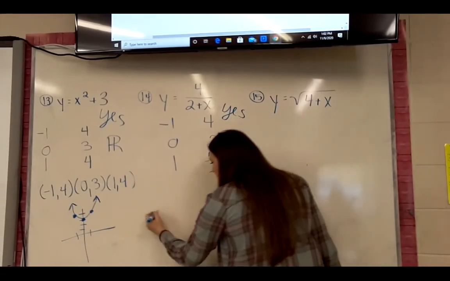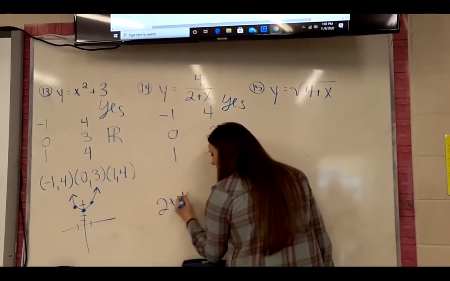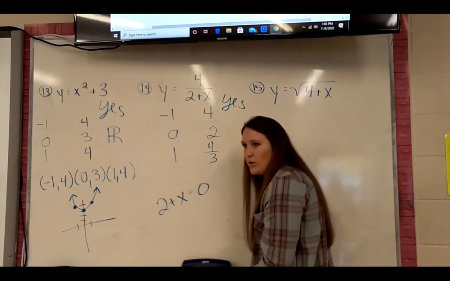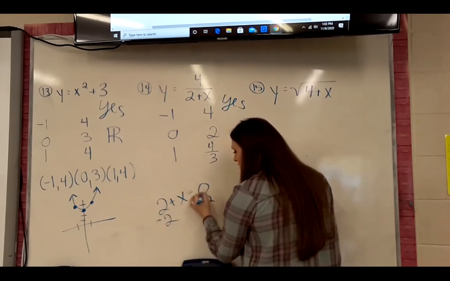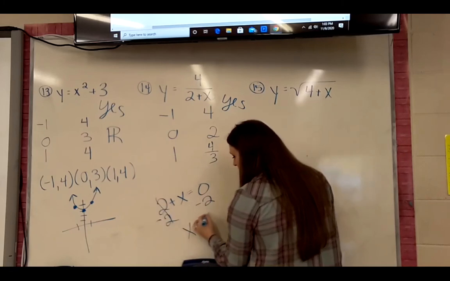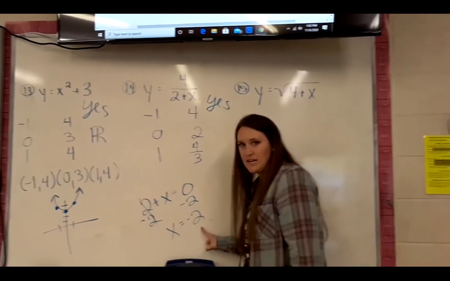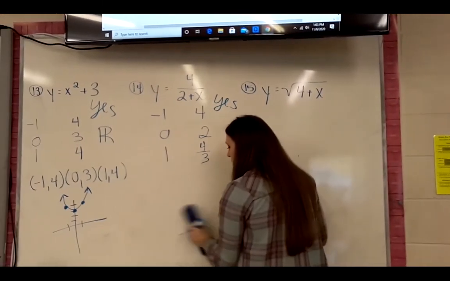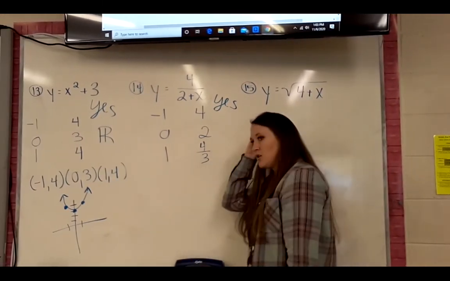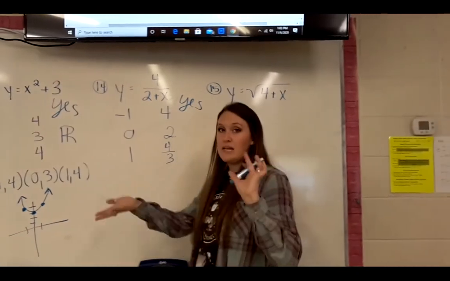But we know the bottom cannot equal 0. So in your head, you're basically solving a little mini equation, 2 plus x equals 0, to see when it would equal 0. It would equal 0 when x is -2. So it cannot be -2. Can we have anything else? Or is there another stipulation?